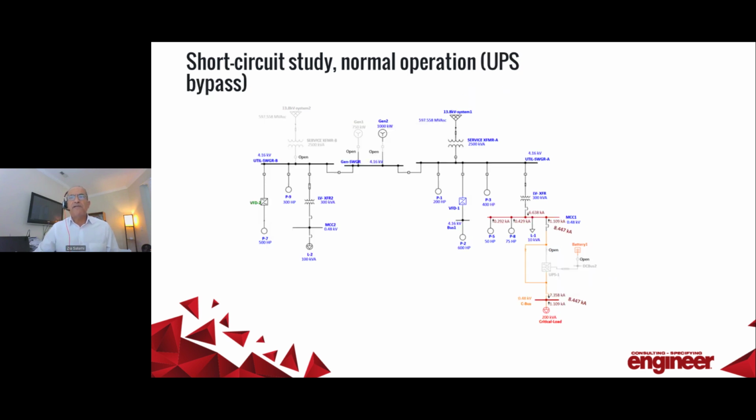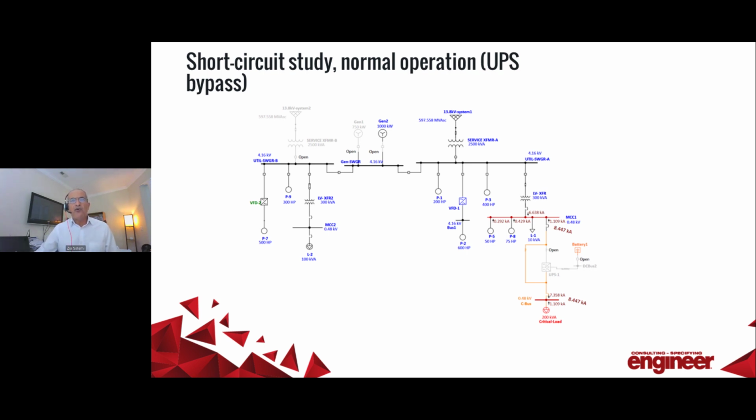Now let's look at a different configuration. This is a bypass configuration. As you see here, the fault at the output of the UPS, at the same spot, is almost 7-8 times higher, because now we don't have the UPS to control the output or the fault. All the fault comes from the system, about 7,000 amps flowing into bypass and injecting into that one.